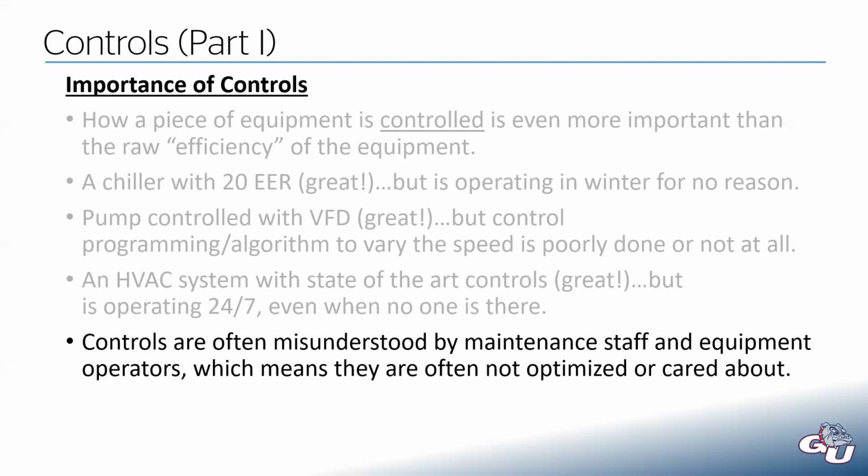And if you don't know what you're doing, that means you can't optimize that equipment, or maybe you just don't really care that much about it, or maybe the people are comfortable in the building. Well, that's good. That means you don't get phone calls on nights and weekends when people are working, but you still might be wasting all kinds of energy and spending thousands of dollars that you shouldn't be.